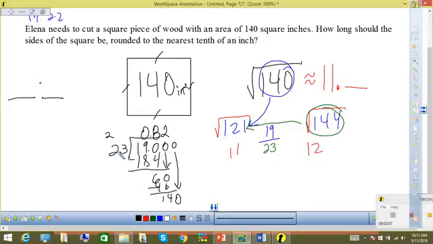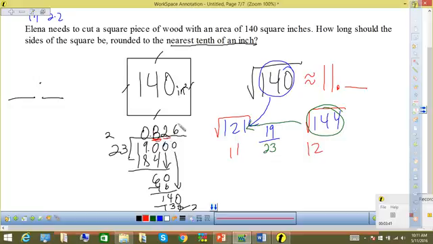140. How many times does that fit in there? 6? Is it 6? Okay, let's try 6. That's 18. I got 1. That's 12 plus 1. That's 3. And that leaves me with 2 left over. And I'll stop right there because it says here to the nearest what? 10th. So tenth is this one.